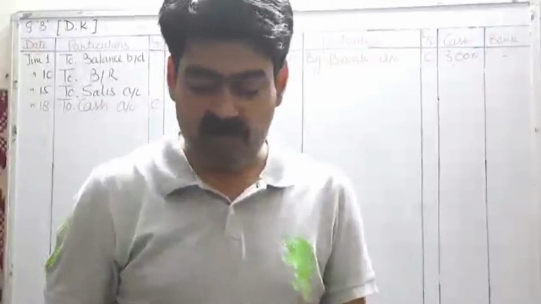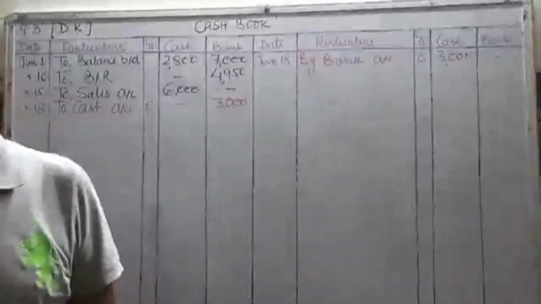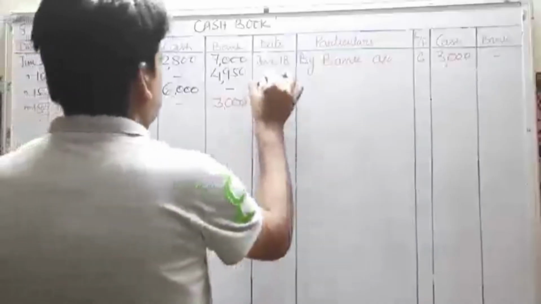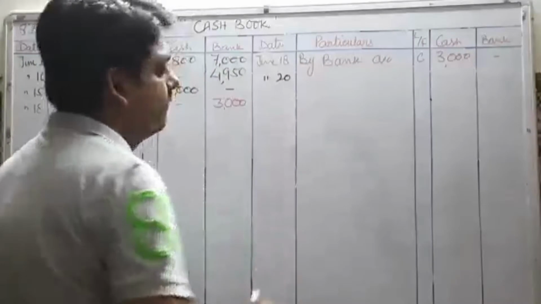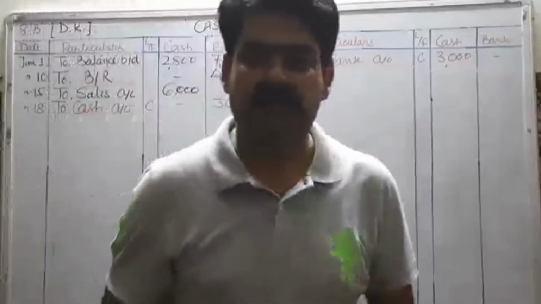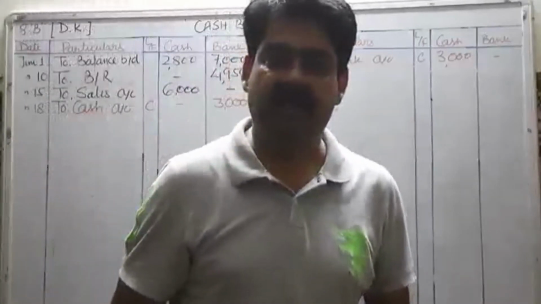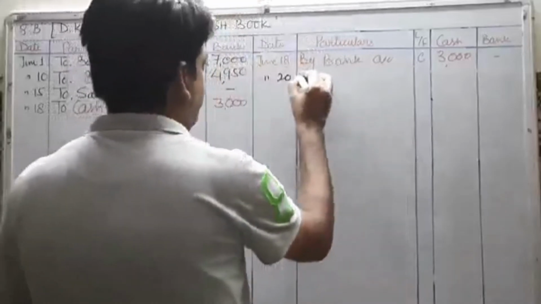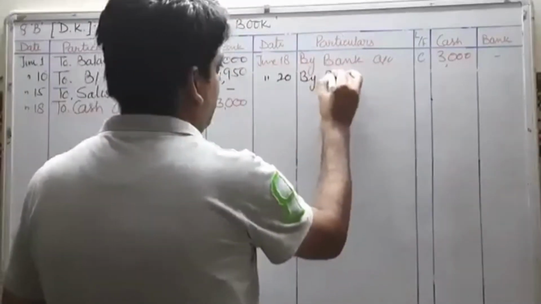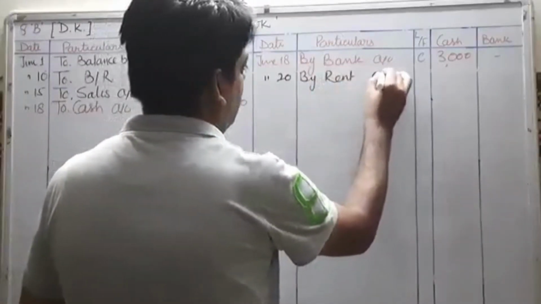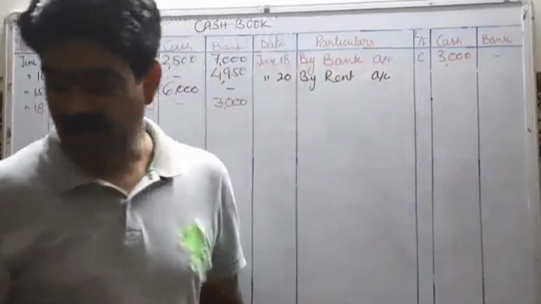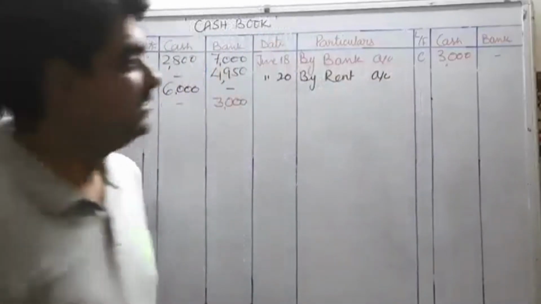After this, see few more transactions of this particular question. Next is on June 20, paid rent. A very simple treatment. On June 20, rent paid by cash. Entry will be rent account debit to cash account, and by rent account, and treatment will come in cash column. Amount is 700 rupees.